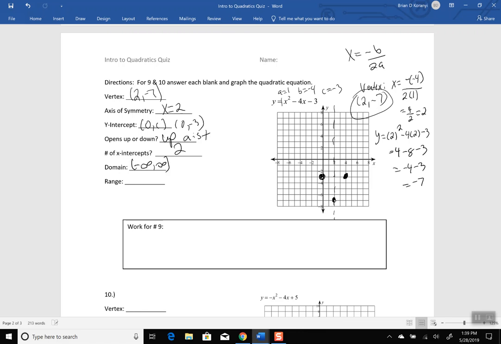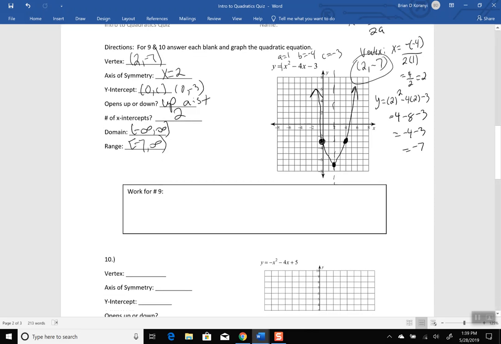And the range would be from negative 7 all the way up to infinity. If I had asked specifically for the x-intercepts, you could have used Desmos or factoring and solved this quadratic equation, or you could have also done the quadratic formula, 3 ways to do it.